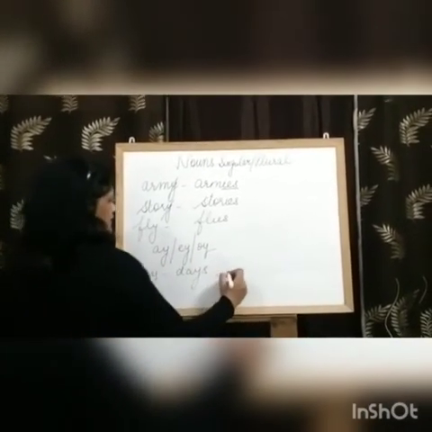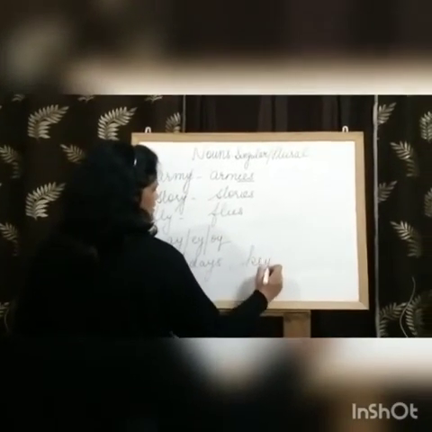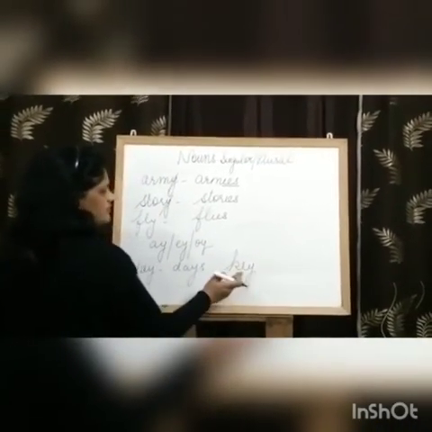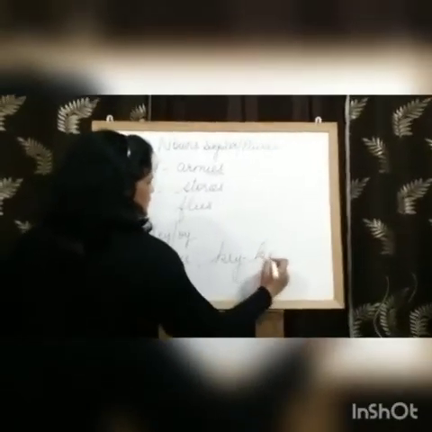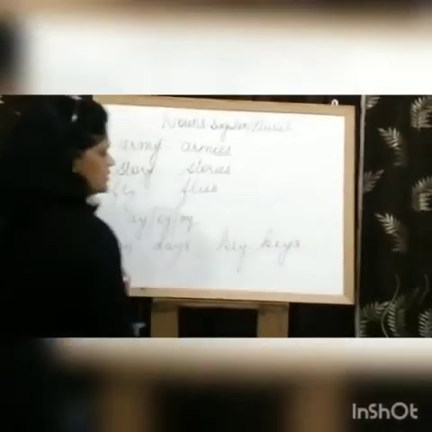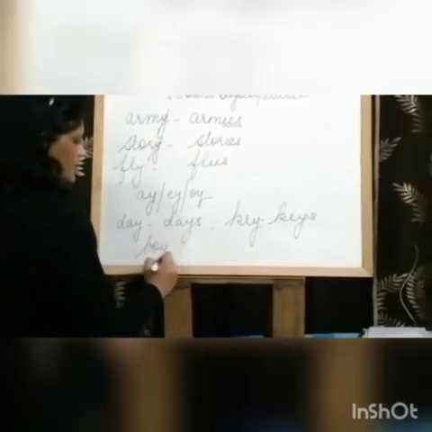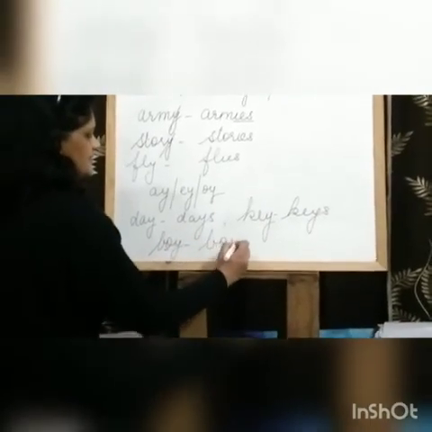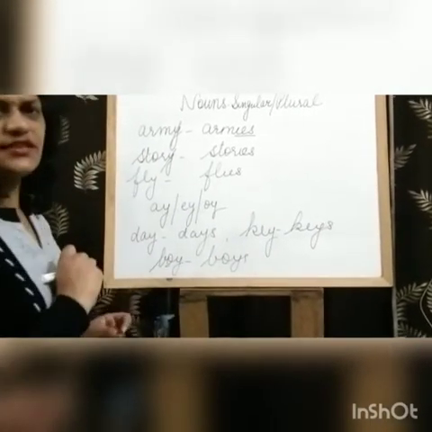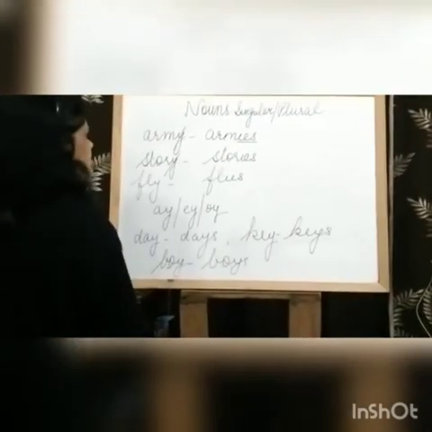Days. Key. E is a vowel. Before Y there is a vowel, so we will use S after the Y. Boy. O is a vowel, so we will use boys. Got it?